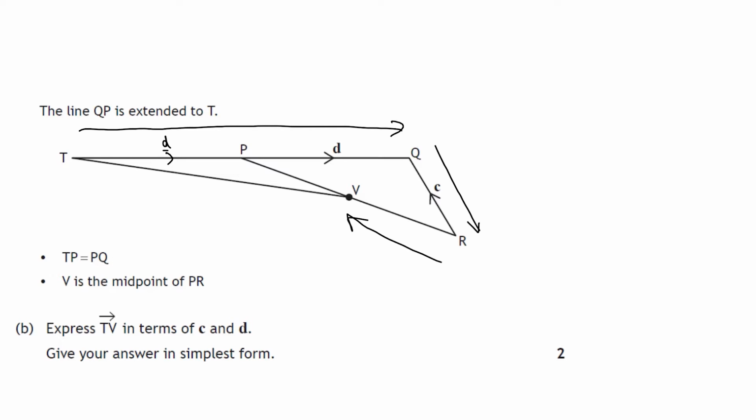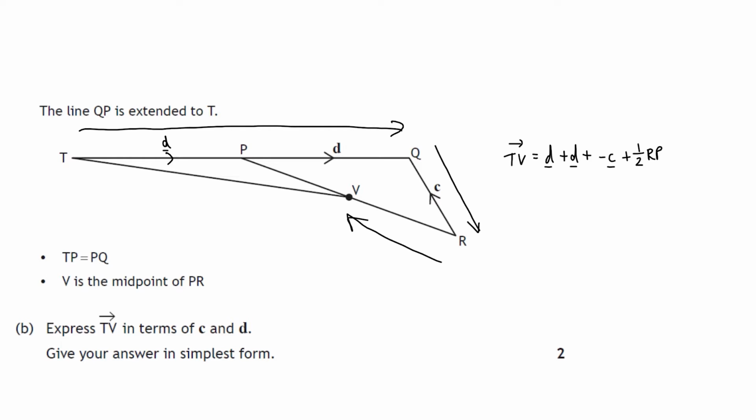The vector T to V would be equal to D plus D plus negative C, because we're going against that vector again, and then plus a half of RP. Okay, so that's how we're getting from T to V.